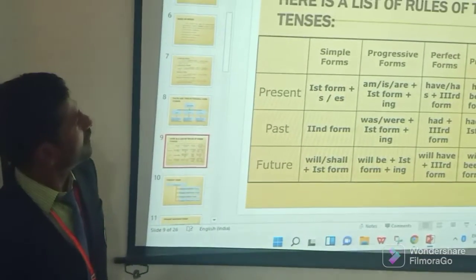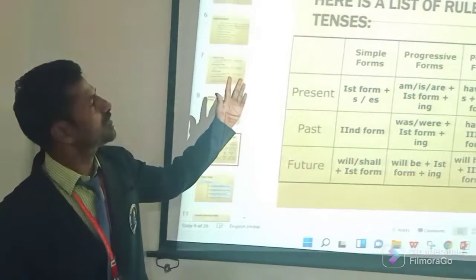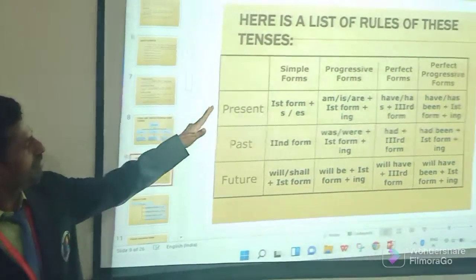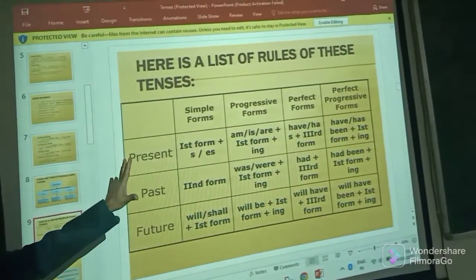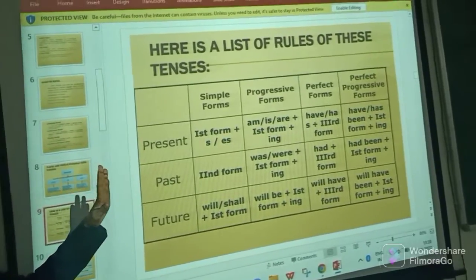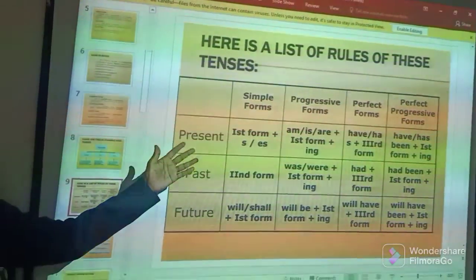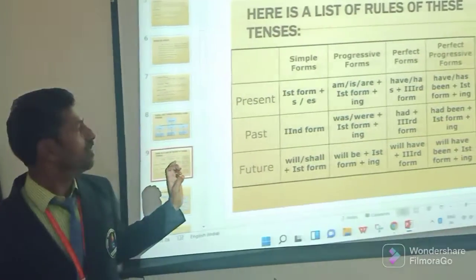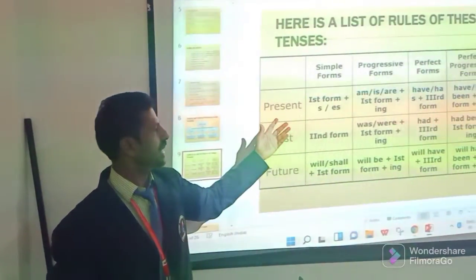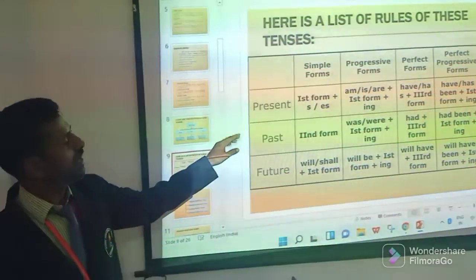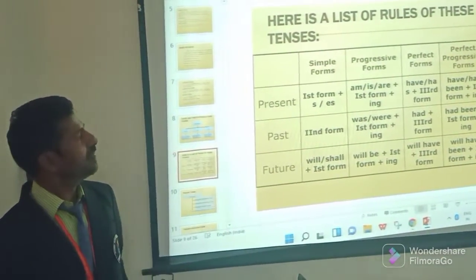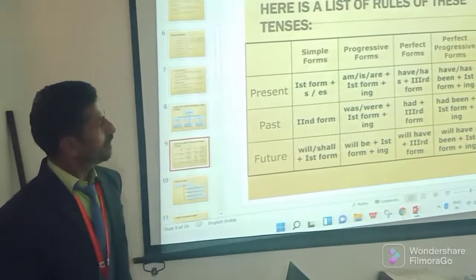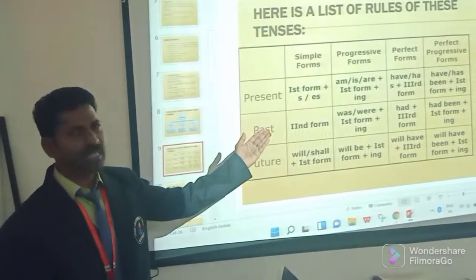Here is a list of rules for these tenses: present, past, future. For example, simple forms, progressive forms, progressive forms being continuous forms, and perfect forms, perfect progressive forms. These are the structures. The simple form takes the first form, and the progressive takes am, is, are plus V4, the ing form.